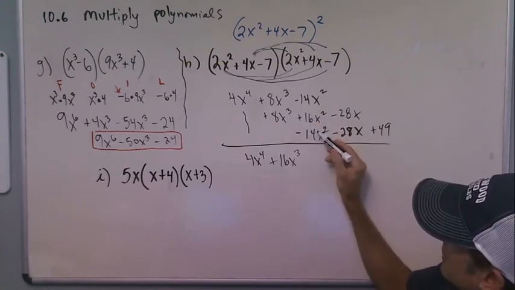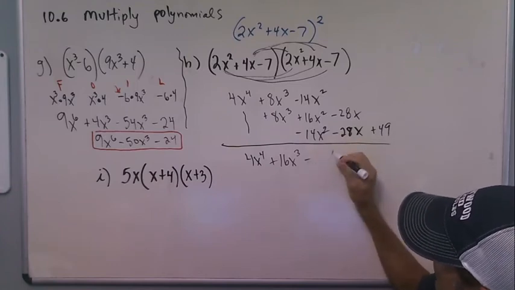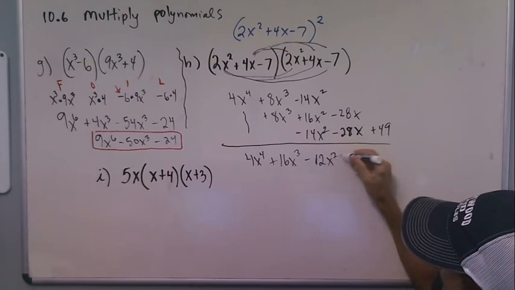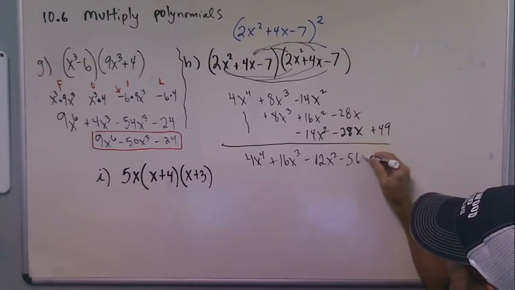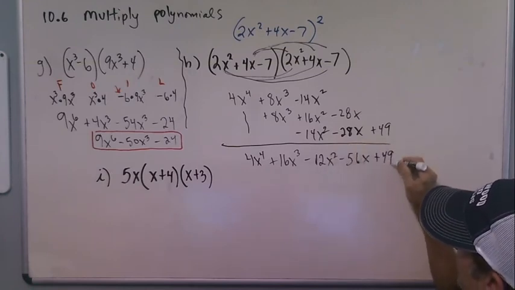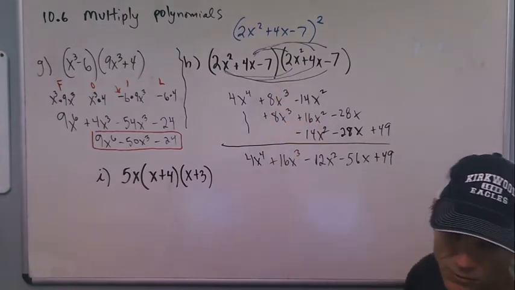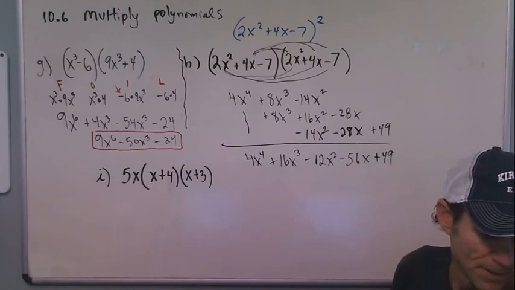Here, I get negative 12x squared minus 56x plus 49. That's a big mess of an answer. Just practicing staying organized.